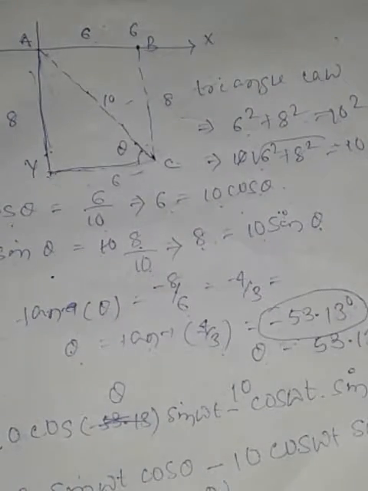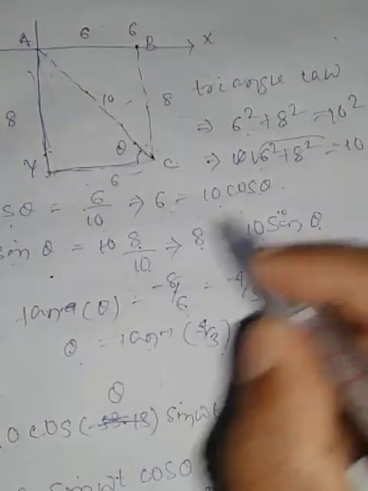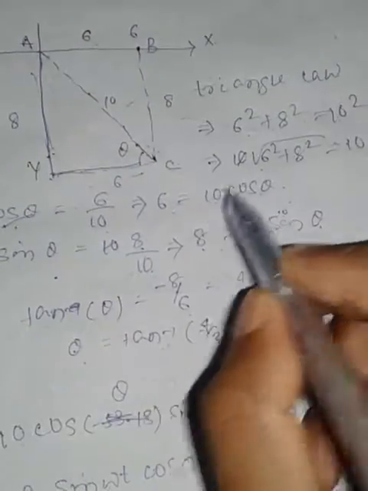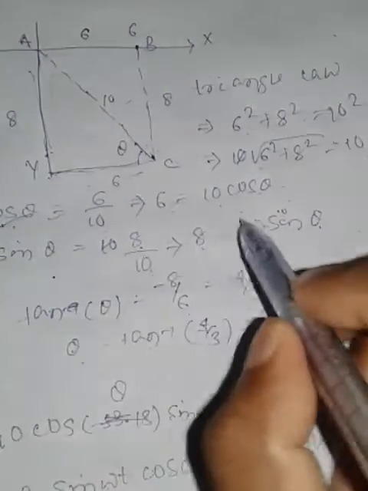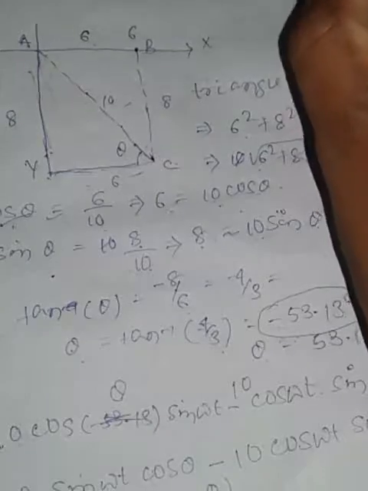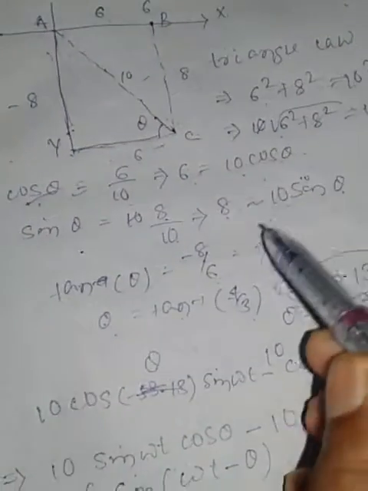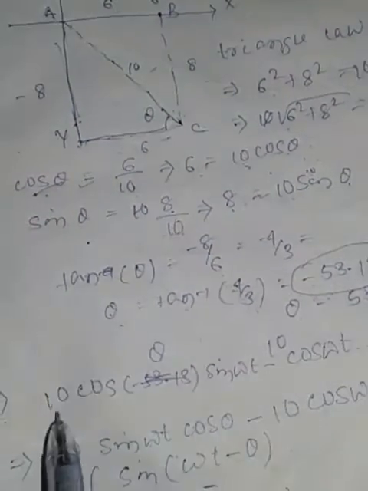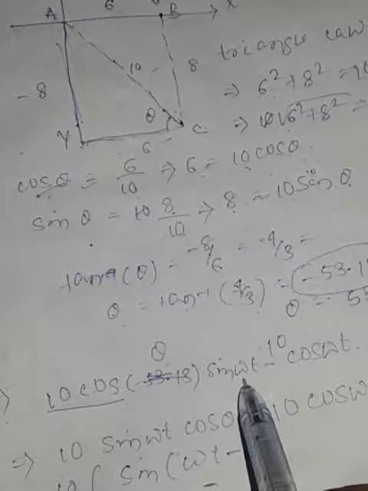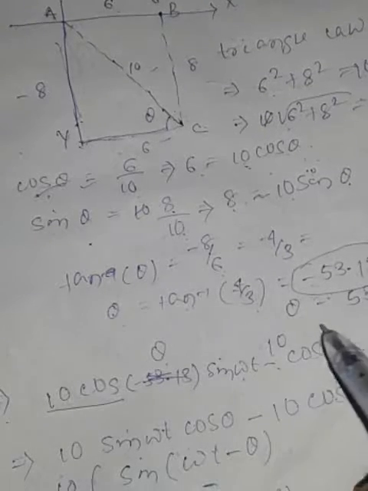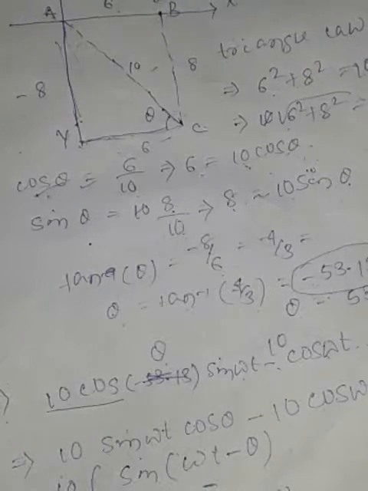Now put this cos value and sin value in equation 1. We can represent the 6 as 10 cos theta and the 8 as 10 sin theta.